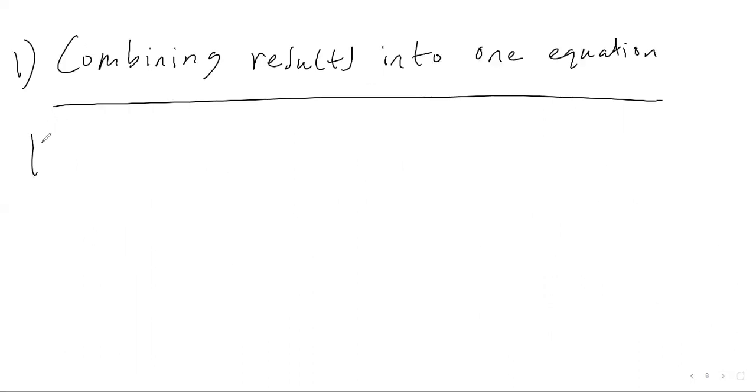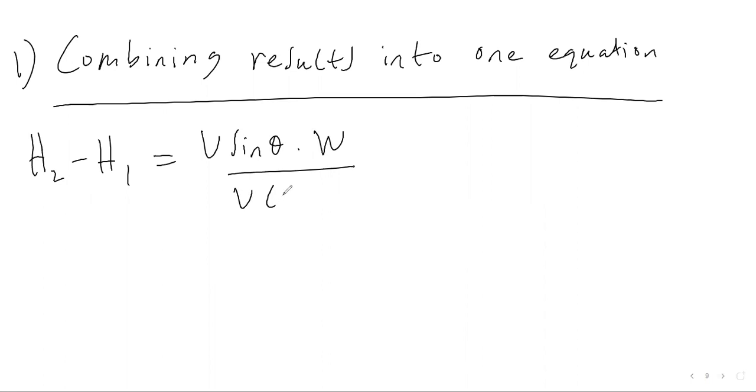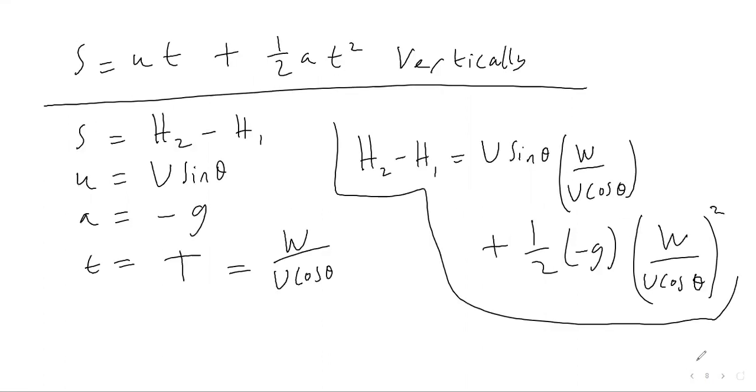We have H2 take away H1 is equal to U sine theta times W over U cos theta. I'm just writing it in a neater form.